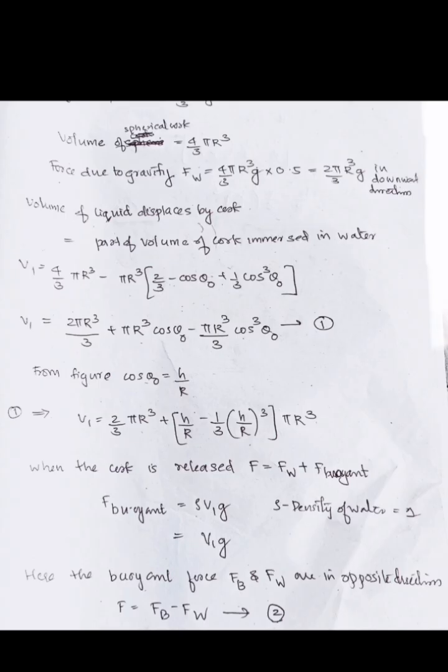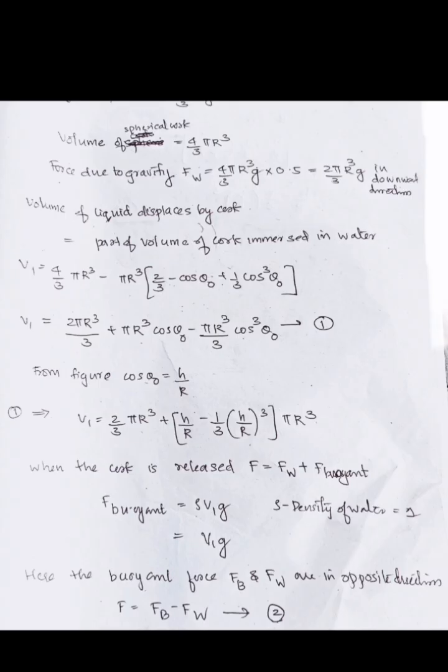Then from the figure we can write cos theta 0 is equal to h by r. That is, V1 is equal to 2 by 3 pi r cube plus h by r minus 1 by 3 into h by r the whole cube into pi r cube. When the cork is released, the force is equal to Fw plus Fb.